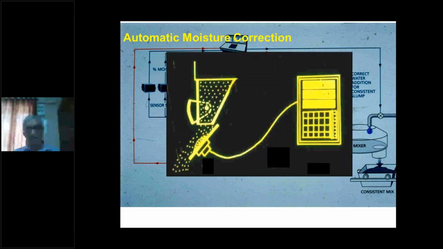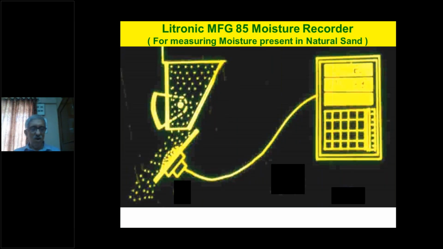There is another dispensing arrangement or measuring arrangement, Litronic MFG 85 moisture recorder, which is like a plate. So as the aggregate rolls out, the gate of the aggregate silo opens. They measure the quantity of water on the surface of the aggregate very accurately within a minute and give the indication to the computer of how much water to add or decrease.